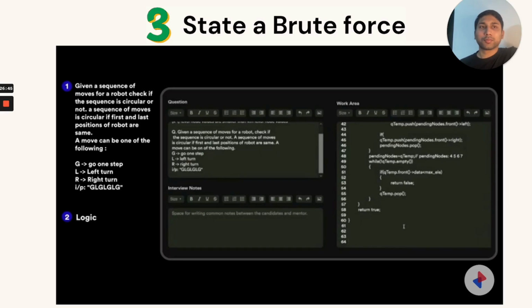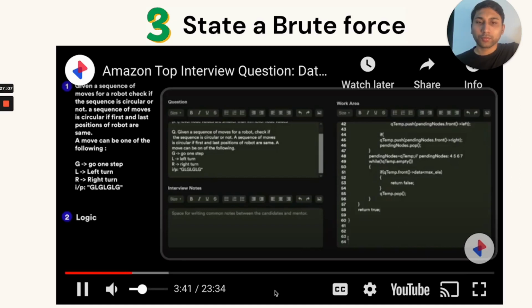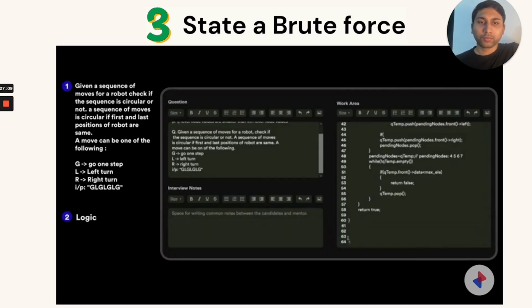Yes. So I think if I want to see that the robot got to the same position again, he'll definitely have to move in a circular fashion. What I mean by that is, suppose the robot starts from here, right?